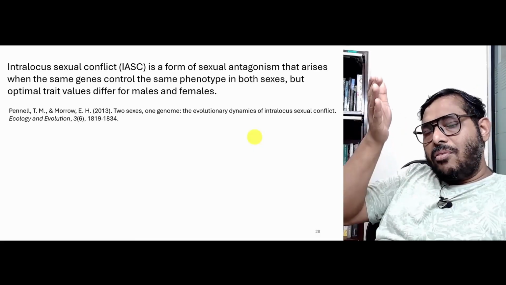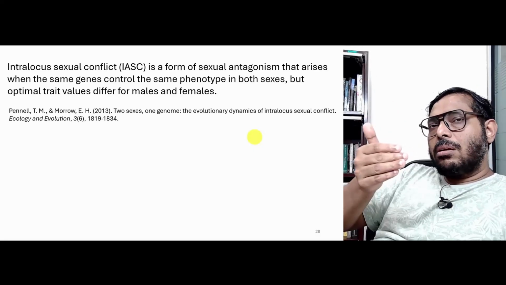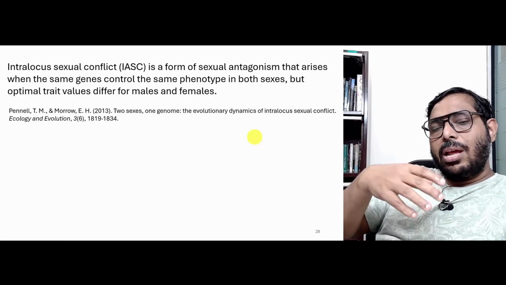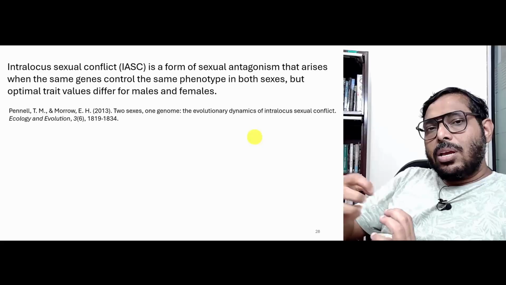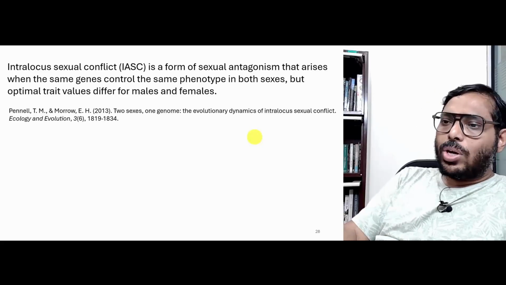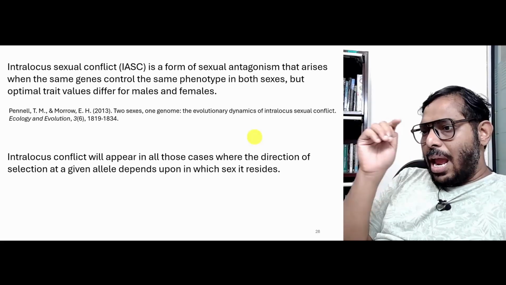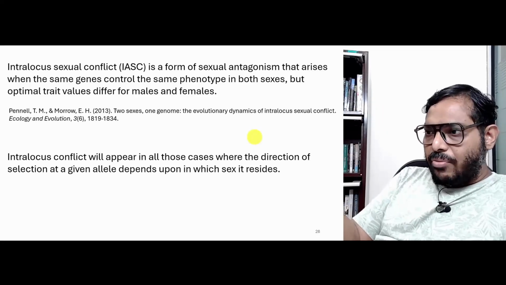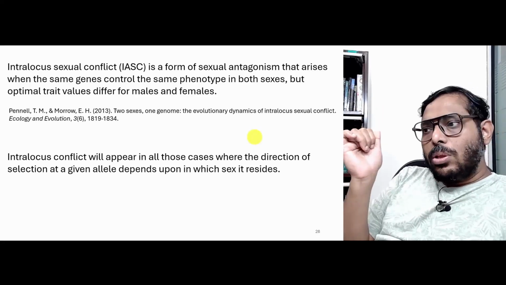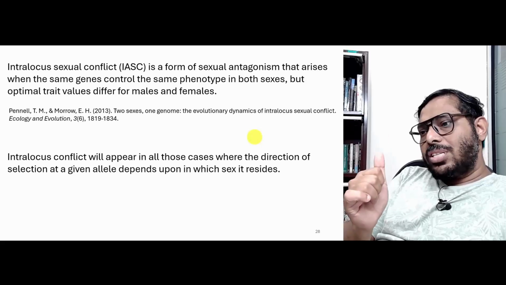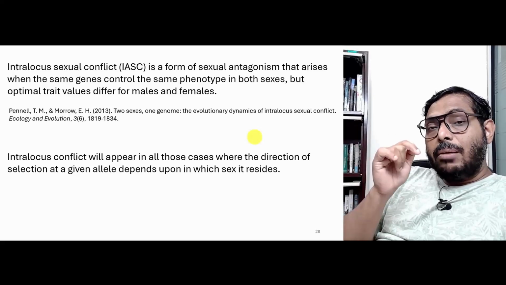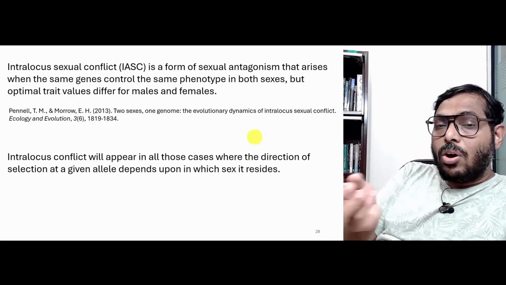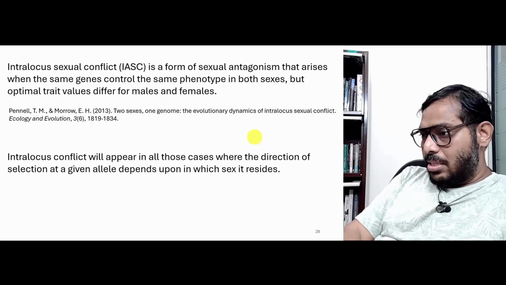When the same trait is going to have different fitness in the male and the female, that is when you are having a case of intralocus sexual conflict. And just to say the same thing in slightly different language, it appears in all those cases where the direction of selection at a given allele depends on whether the allele is being expressed in males or whether the allele is being expressed in females.